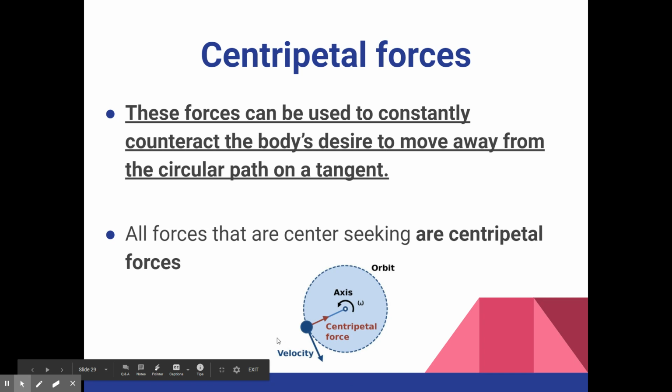Things would be very different if that wasn't the case. But obviously you do have to overcome this in the first place. You can't pick up a 1,200 kilogram object and all of a sudden start spinning it, thinking that you're able to keep it in a circular path away from your centripetal force. No, you need to overcome the centripetal force first.